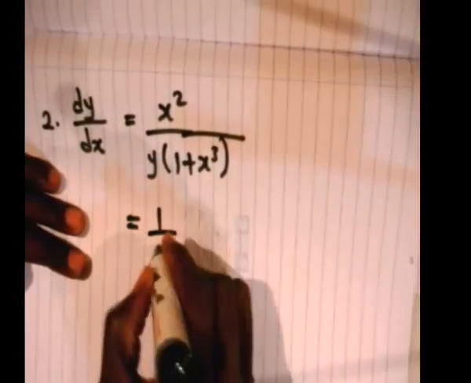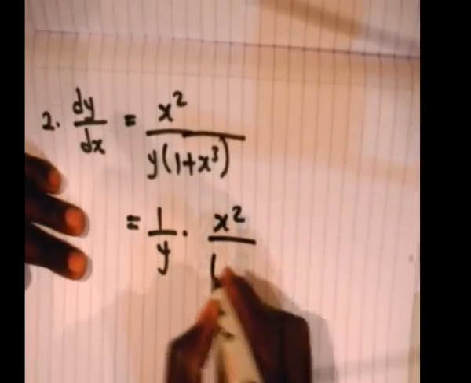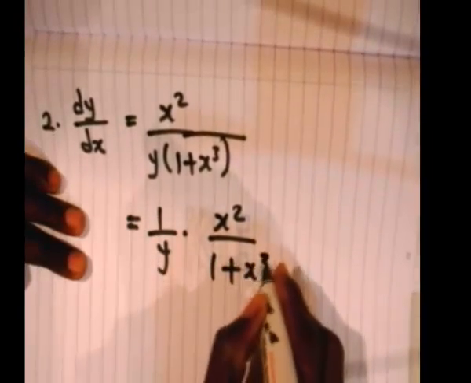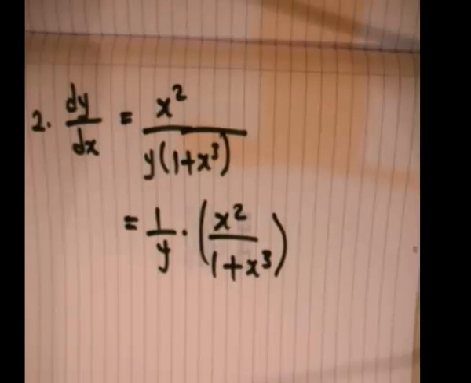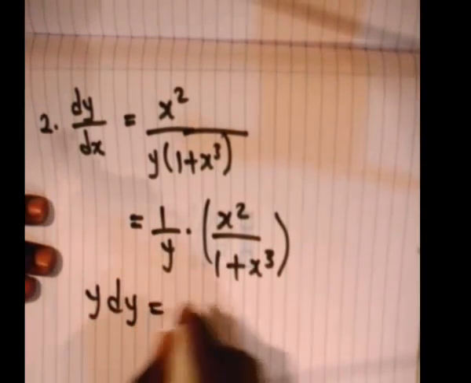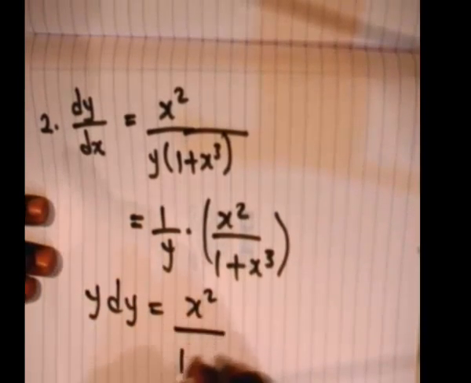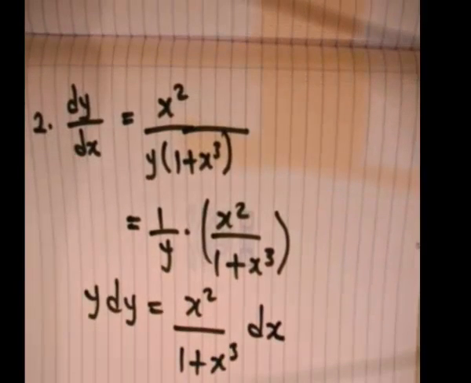This is the same as 1 over y times x squared over 1 plus x cubed. So it can be separated. So now you shift sides. If you take y to this side, you have y dy equals x squared over 1 plus x cubed dx.